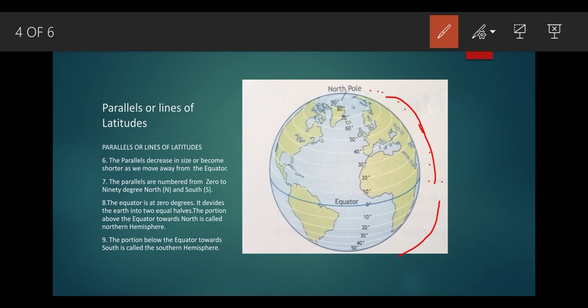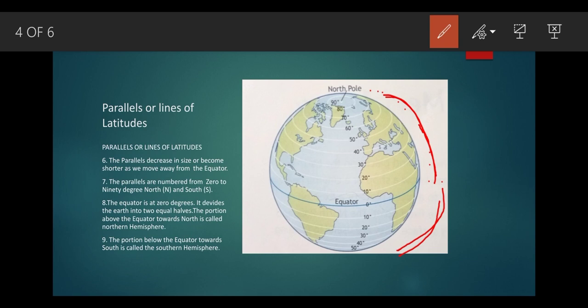Okay, therefore it is said that the parallels decrease in size or become shortened as we move away from the equator. Now when we move away from the equator, either we go towards the north pole or we go towards the south pole. All right, then the parallels are numbered from 0 to 90 degree north and south.